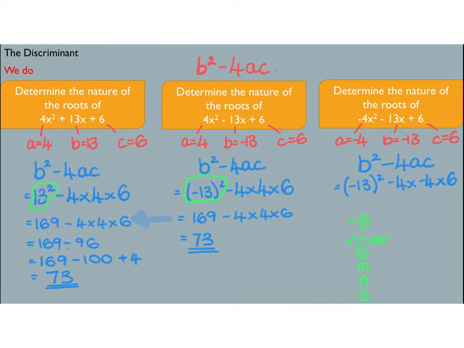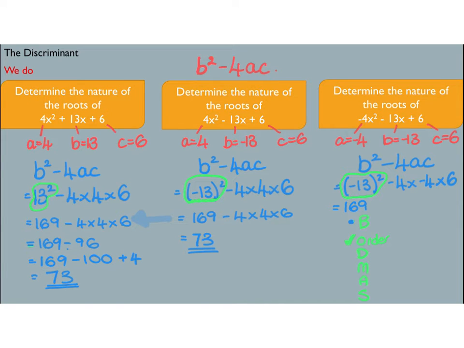Will the next one be the same? No, I don't think it will be, will it? Again, using BODMAS. Have I got brackets? Yeah, but there's nothing to work out inside it, so I don't need to worry about that bracket. I have got an order, so I better deal with that. So deal with that bit now, and we've already worked out that a minus times a minus makes a positive, and 13 times 13 makes 169.